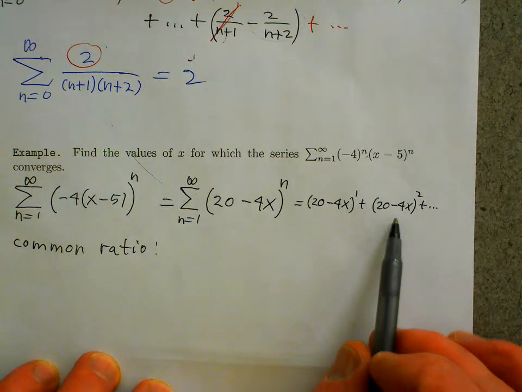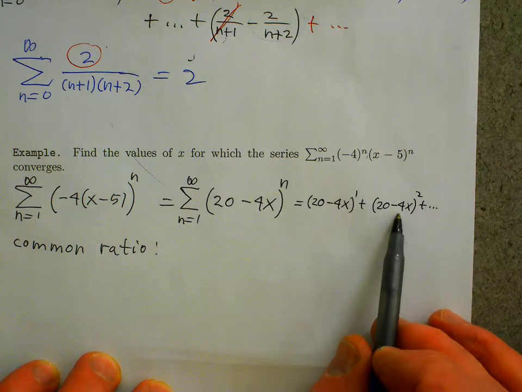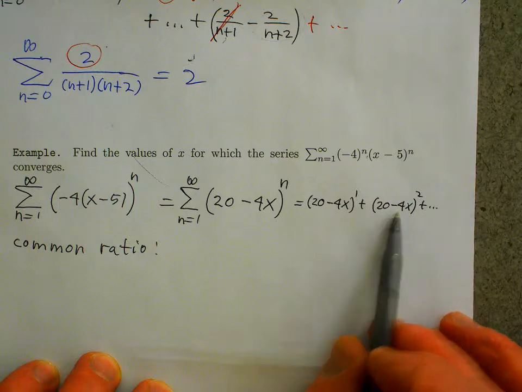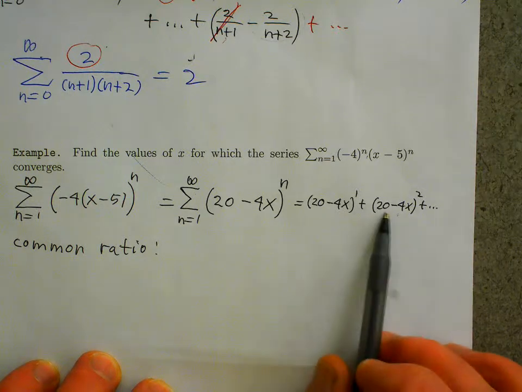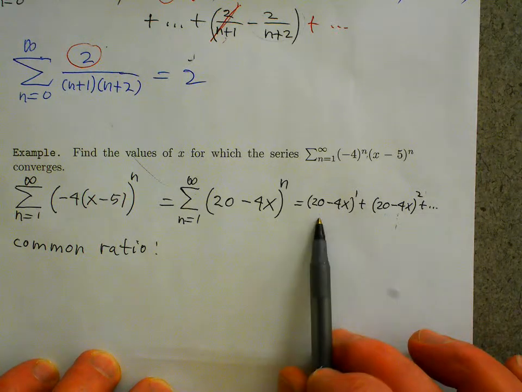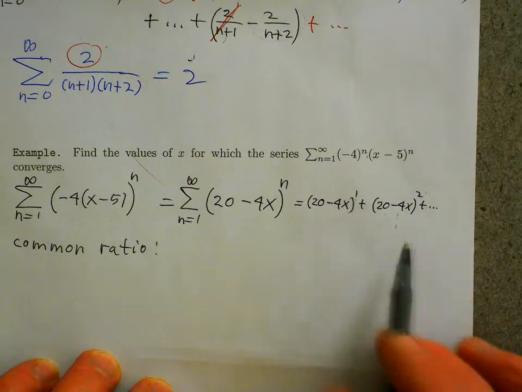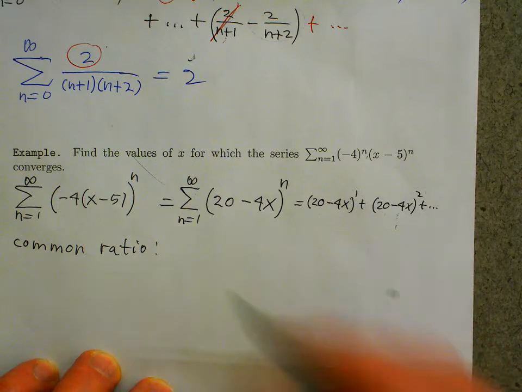So we can tell by looking that the common ratio is just 20 minus 4x, right? Because (20 minus 4x) squared divided by (20 minus 4x) to the first is 20 minus 4x.